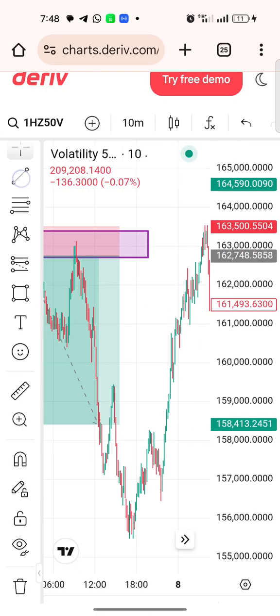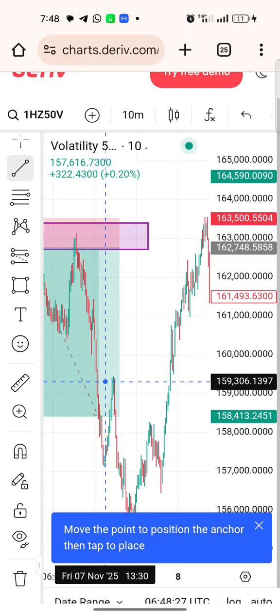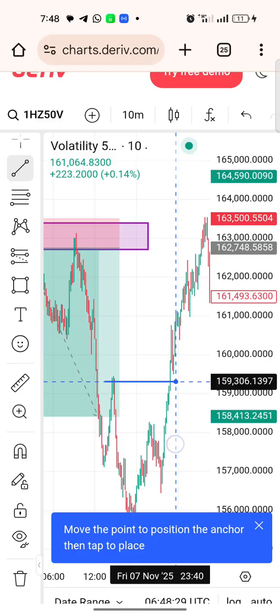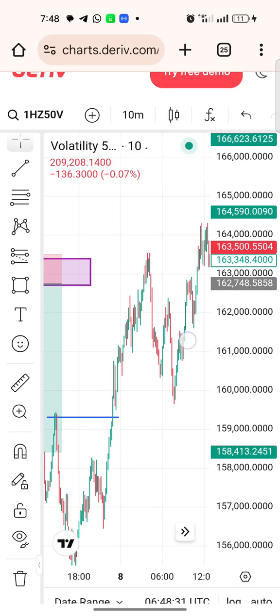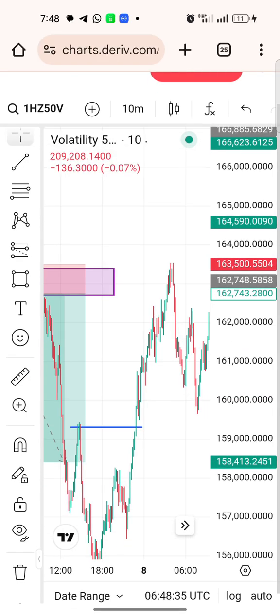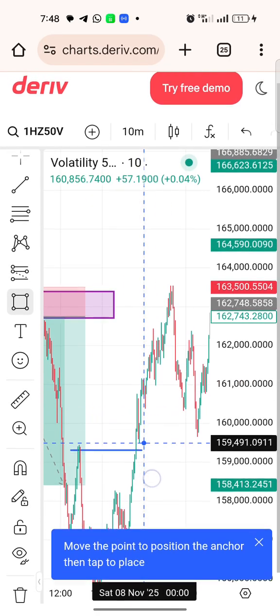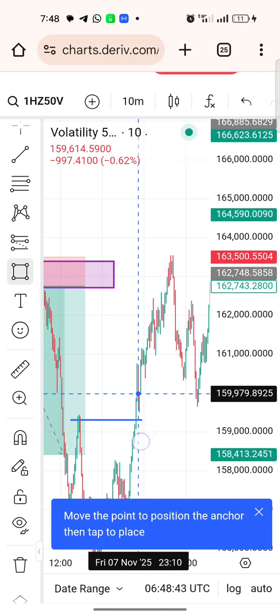So basically, this is a break of structure to the upside. Market broke this structure to the upside. So what do we see here? Market structure shift, change of character. We see an order block over here.